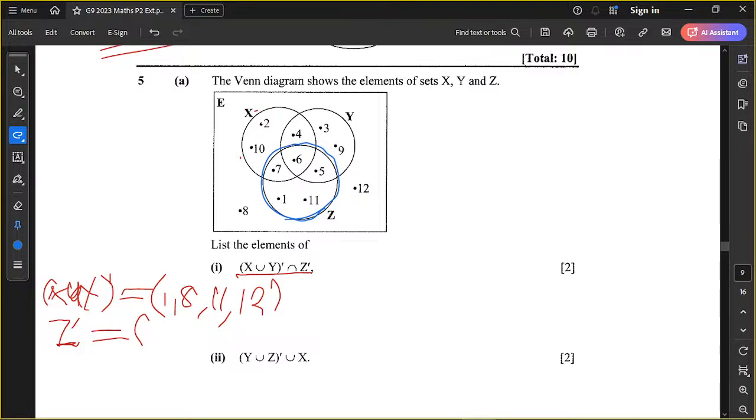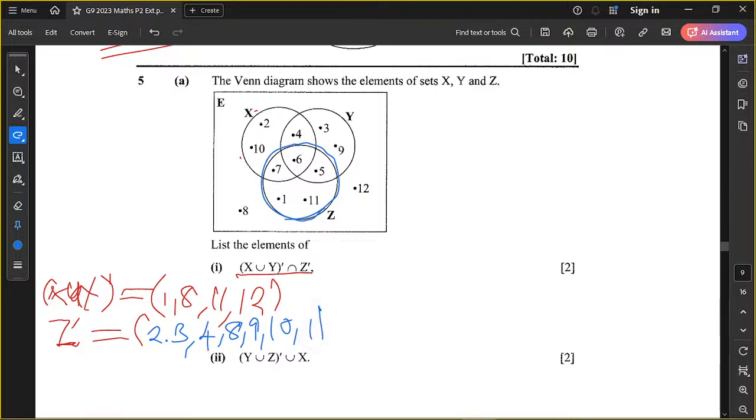We start with 2, 3, 4, then 8, then we have 9, then we have 10, apart from 10, so we have 11.